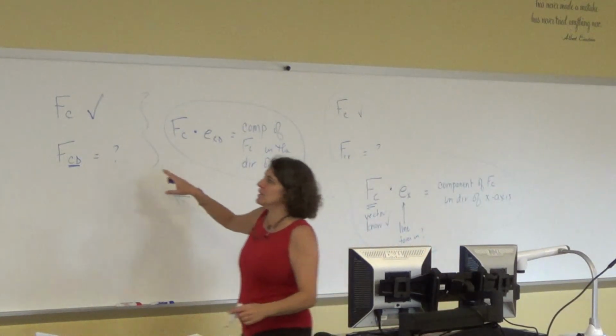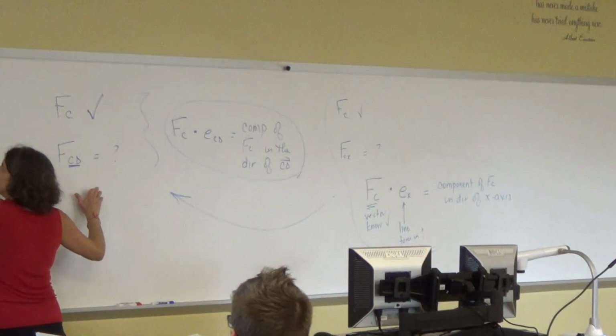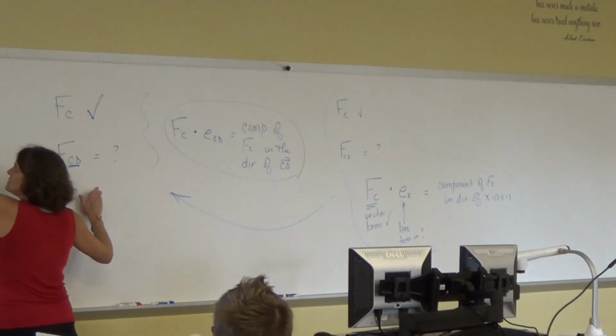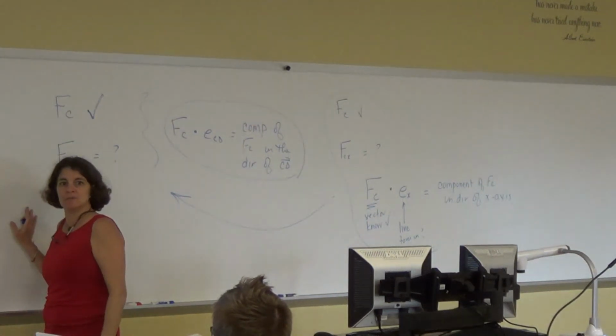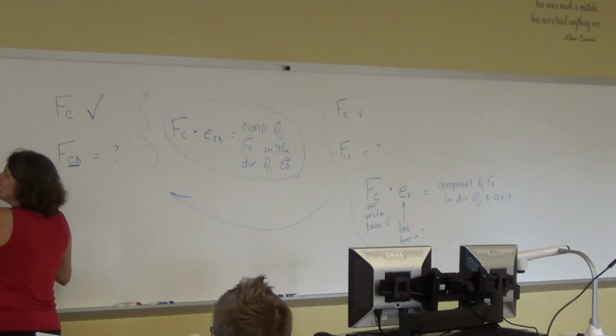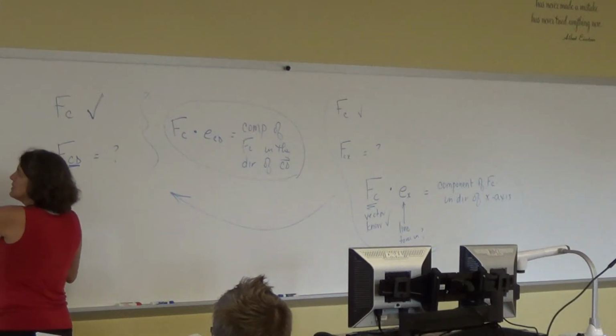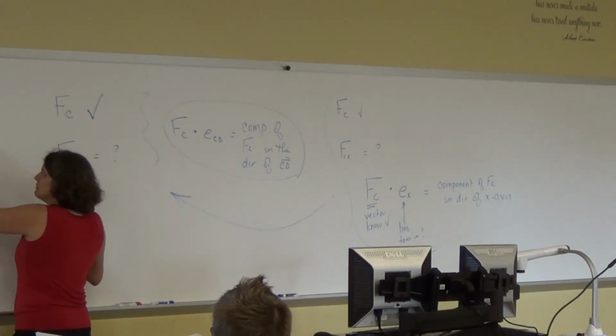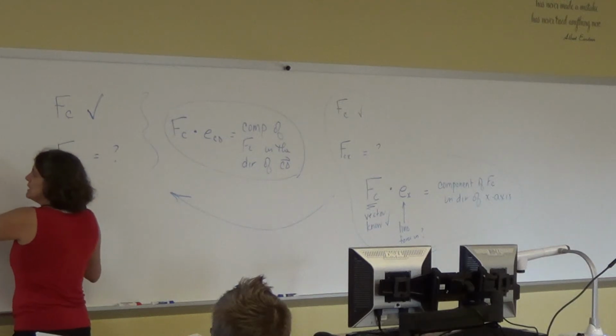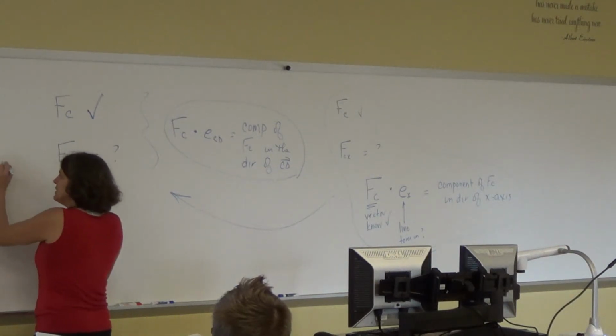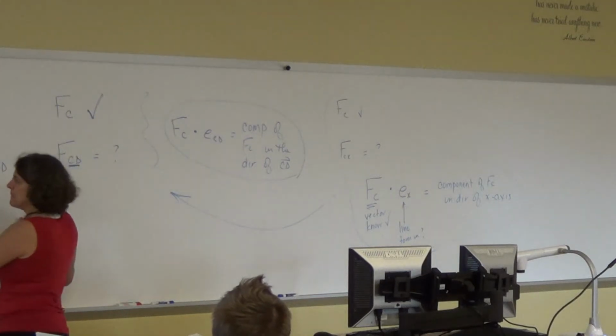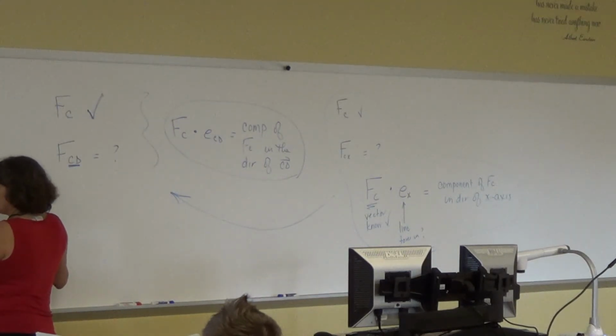Now, Peter, in this problem I know what the moment is about C, and I want to find the component of the moment about C in the direction of CD. So what do you do? You do moment C times the unit vector. Oh, sorry, no, dot product.